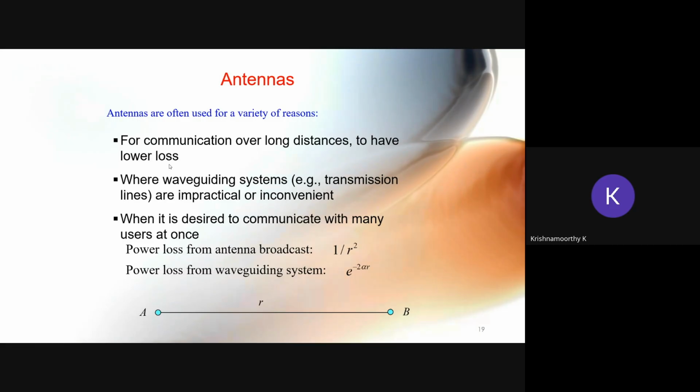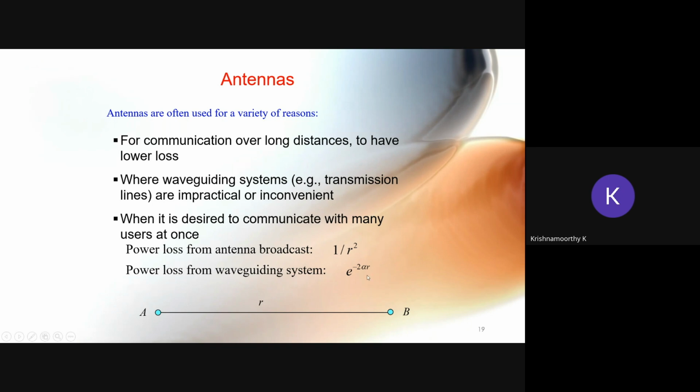We know that when we use the antenna in free space communication from the transmitter to the receiver, if the distance is r, the power is reducing with the ratio of 1 by r square. If the transmitter power is P, the received power is reduced by r square with the distance r. Similarly, if we use a wave guiding system instead of an antenna, that is, any wired medium, the power exponentially decays.